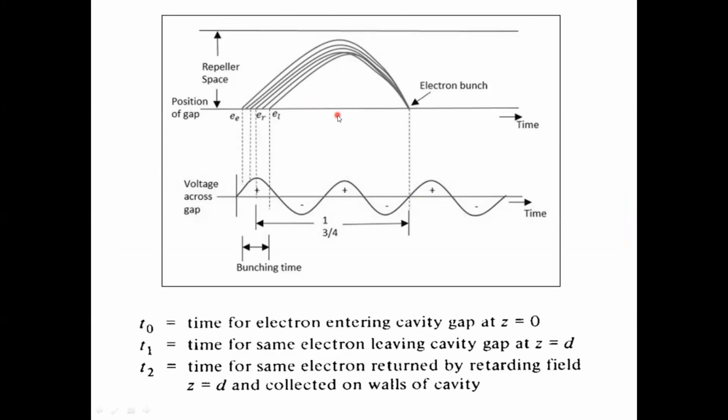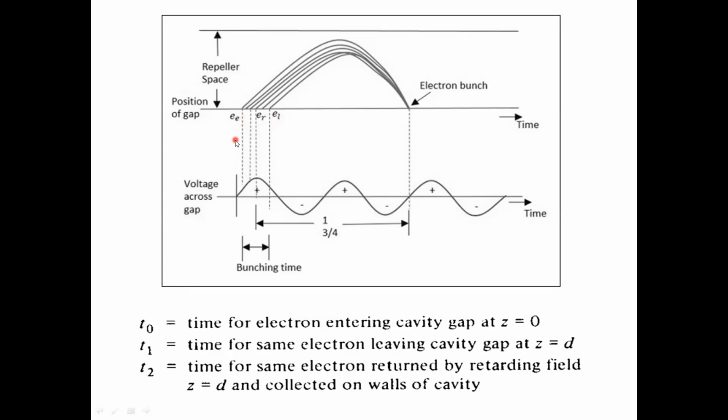Here we have the early electron, which sees a very good positive voltage. Later, after somewhat of a delay, the reference electron, and later the late electron. So early electron, reference electron, and late electron. This period is called the transit time.